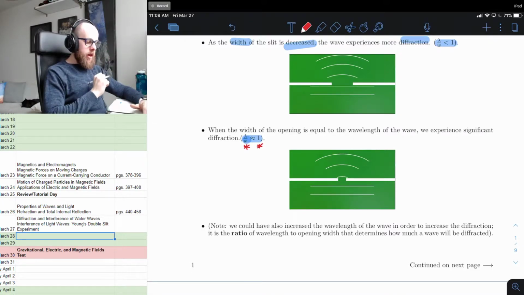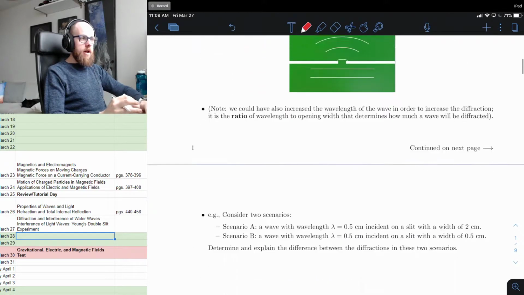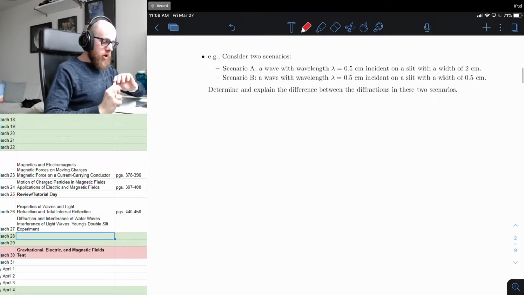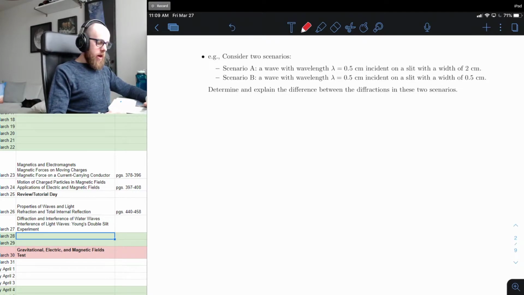Now, there's not a lot of calculations here, but I did put one example in. Let's consider two scenarios really quickly. In scenario A, we have a wave with a wavelength of 0.5 centimeters, and that wave is incident on a slit with a width of 2 centimeters.